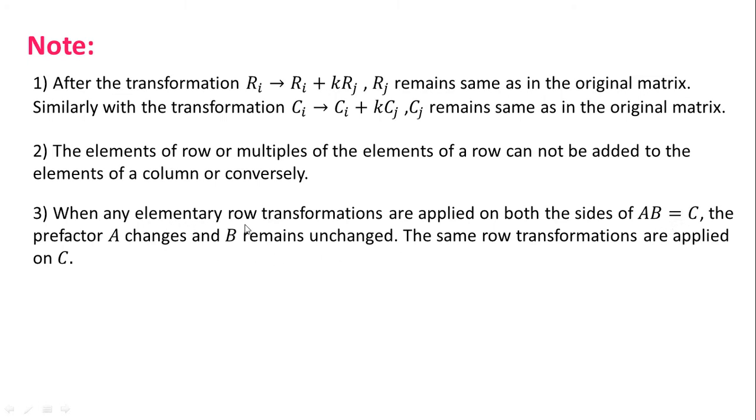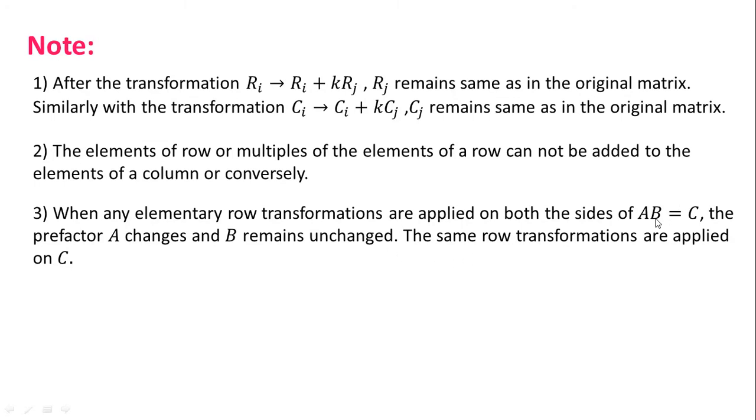So if you want to apply elementary row transformations to this equation, then the prefactor A changes. Here in A into B, A is called the prefactor. Prefactor A changes and B remains unchanged, and the same row transformations are applied on C. So this is very important.